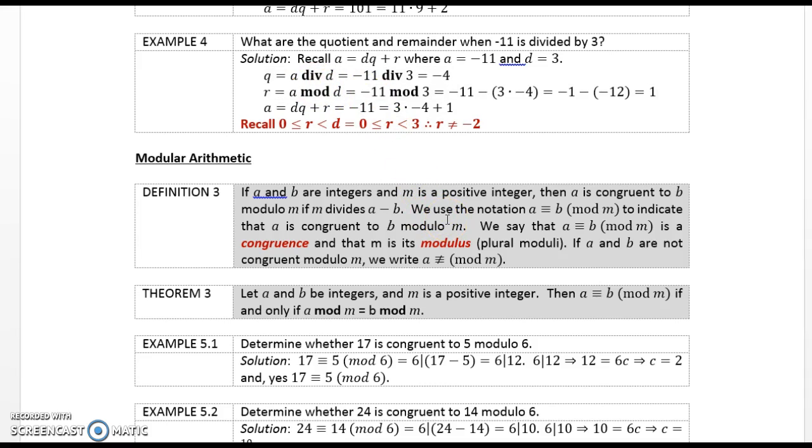Minus 11 minus 3 times minus 4 is equal to minus 11 plus 12, which is 1. a is equal to dq plus r: minus 11 is 3 times minus 4 plus 1. Recall that 0 ≤ r < d, so 0 ≤ r < 3, therefore r is not equal to minus 2.